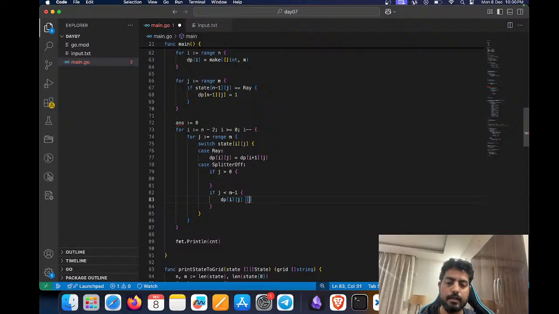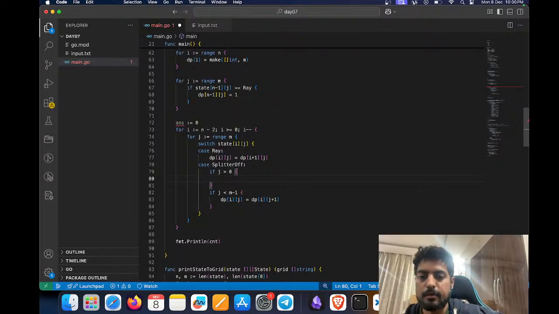So dp[i][j] equals dp[i][j] plus 1. And this won't work because now we are doing the same thing again.